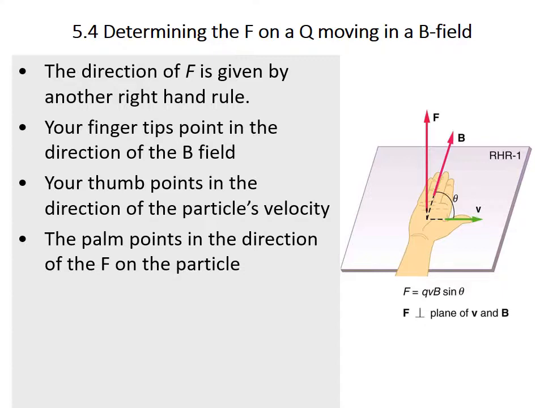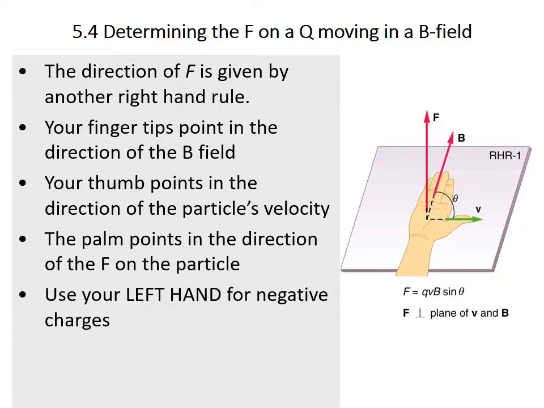Thumb points in the direction the object was traveling in, and the face of your palm points in the direction of the force that the object experiences. If you are dealing with free electrons, not electrons moving down a wire, but electrons that are just moving independently in a field, you do the exact same thing but with your left hand.